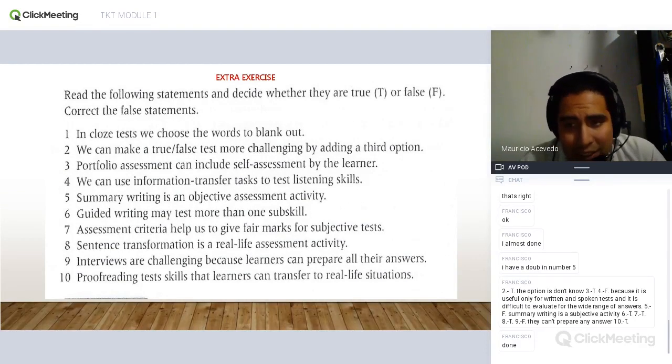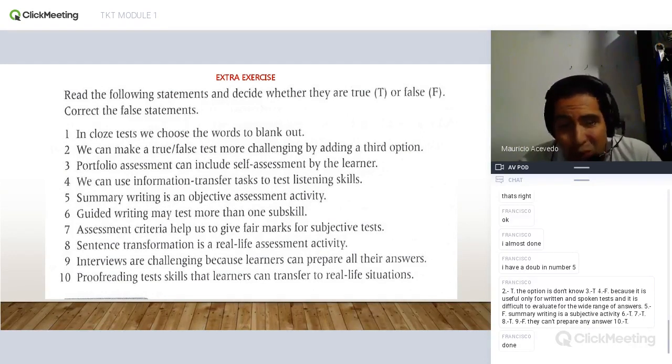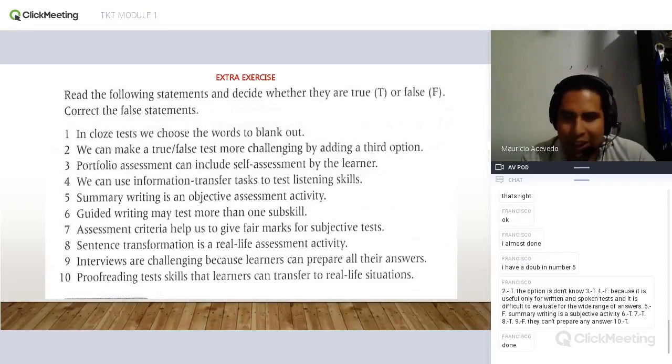I think yes, Francisco, because it's not only in readings. You can listen and transfer what you're listening to into a chart or a diagram. So I think number 4 is true. Number 5 is false. Summary writing is a subjective activity. Probably yes, probably no. I have my doubts. Number 6 is true.